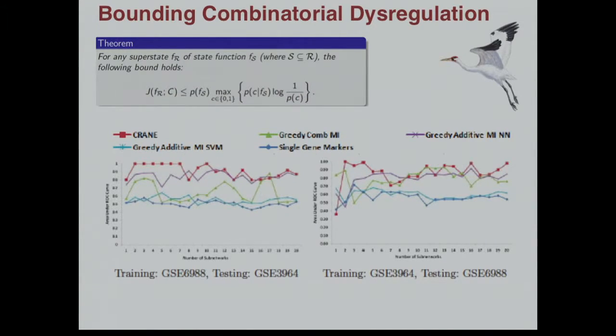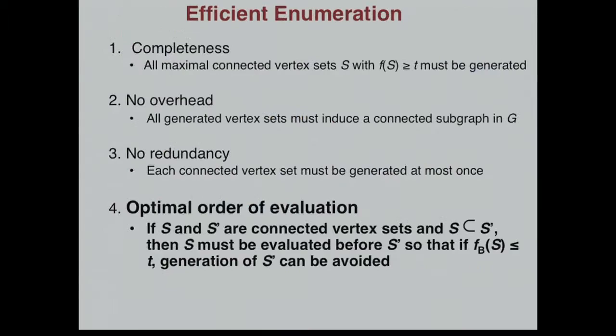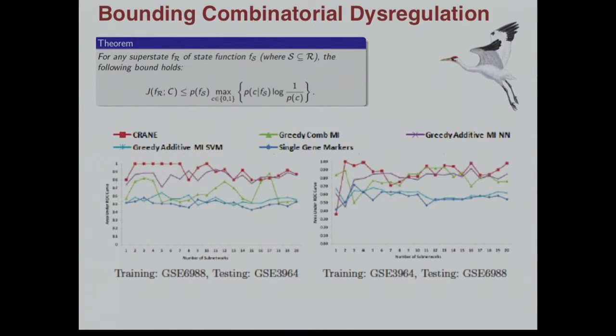So there we were able to show that searching beyond greedy algorithms can be useful. Then we went ahead and applied this algorithm to glioblastoma, finding markers of survival, and they were validated at the protein level as well.